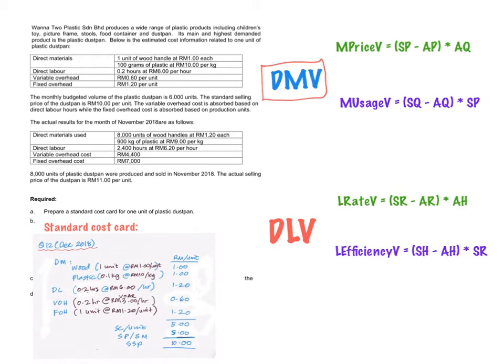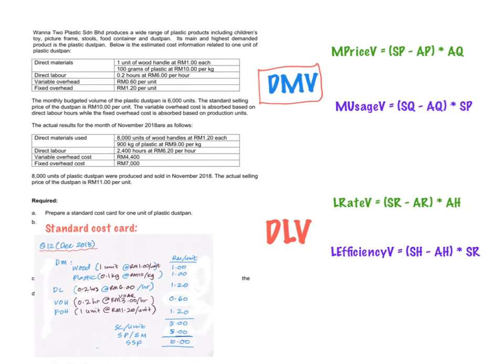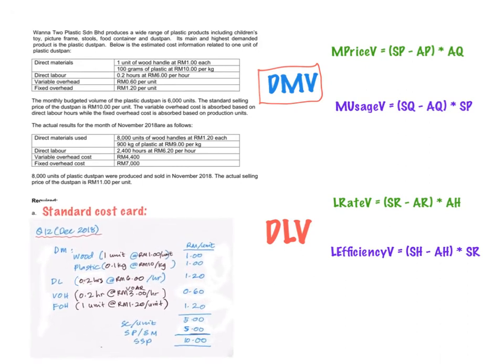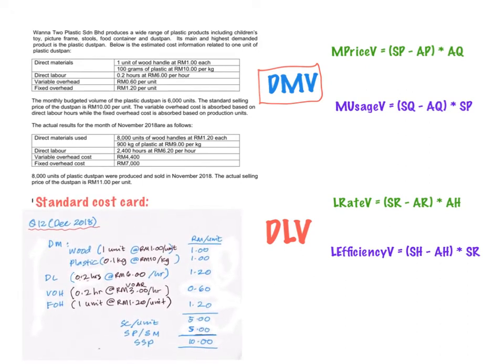We are going to use this question on your left to see how we calculate the direct material variance. As you can see from this example, we have come up with the standard cost card, because when you want to prepare the variance analysis, the first thing you have to prepare is the standard cost card.